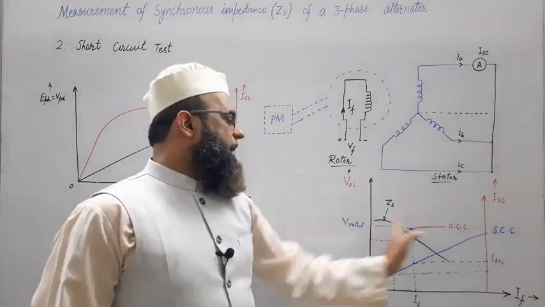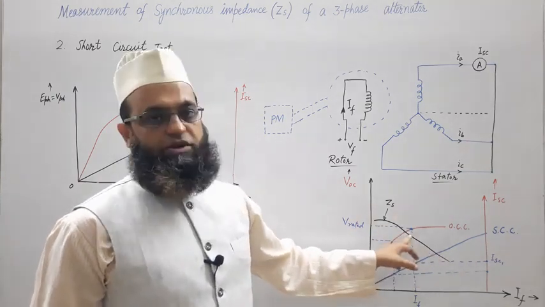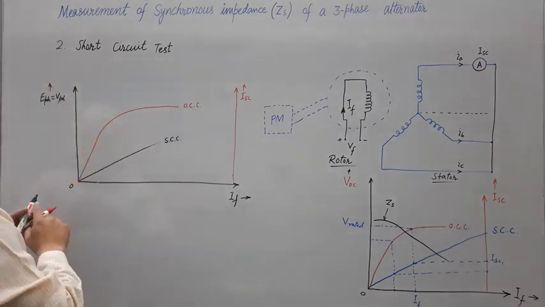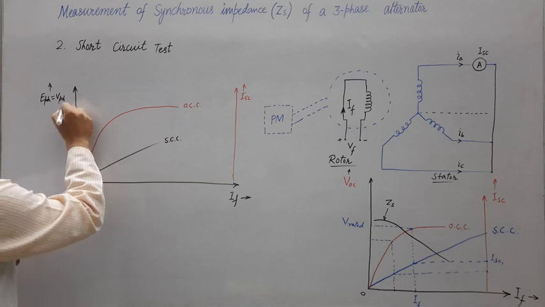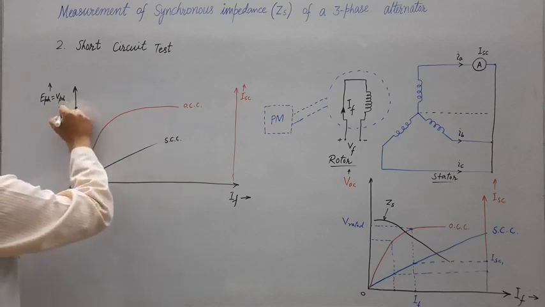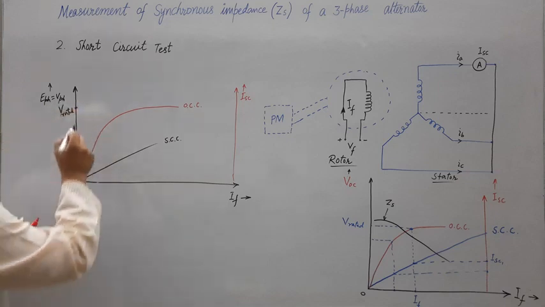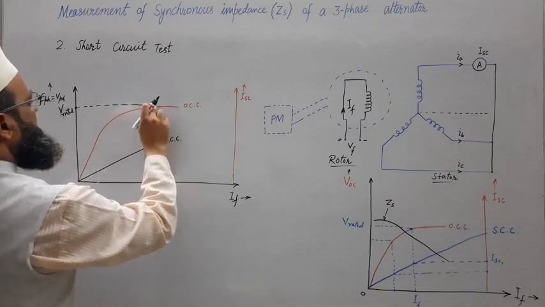Otherwise, for other values of field current, we will get ZS, but that will be different from this one. So let us mark rated terminal voltage, V rated. Let us say this is a point where we are getting V rated.